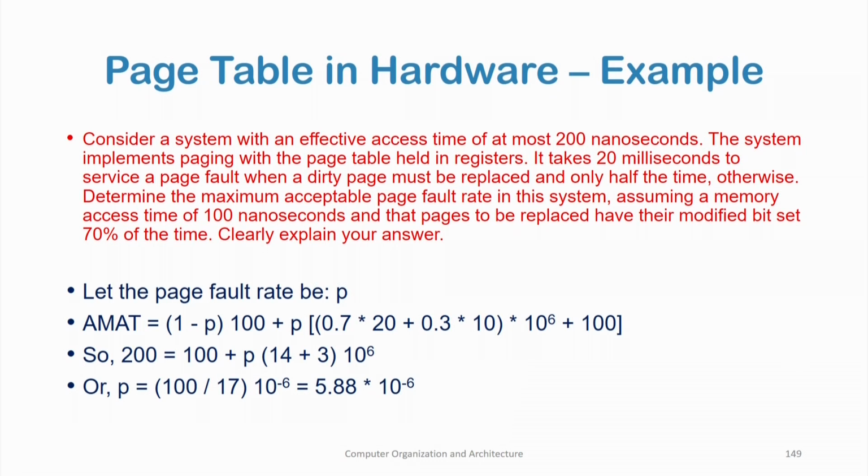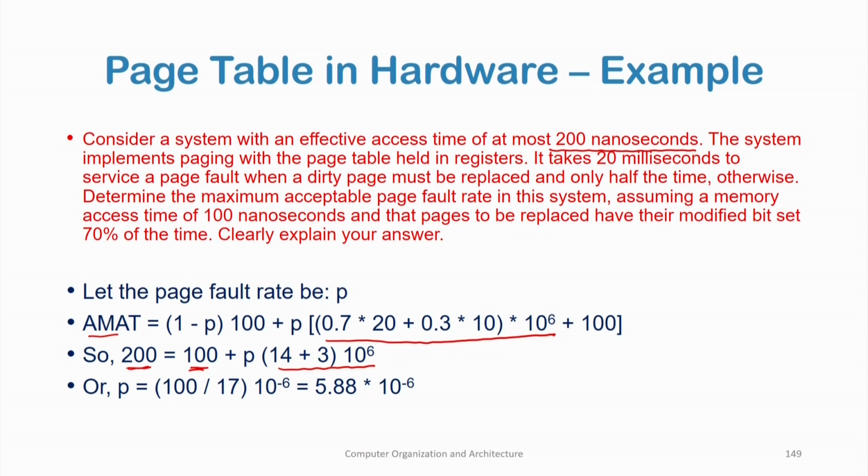Therefore, we have first said that my effective memory access time, the AMAT or average memory access time, is 200 nanoseconds. So, 200 equals 100 plus p into, 7 by 10 into 20, which is basically 14, plus 3. So, 17 into 10 to the power 6.